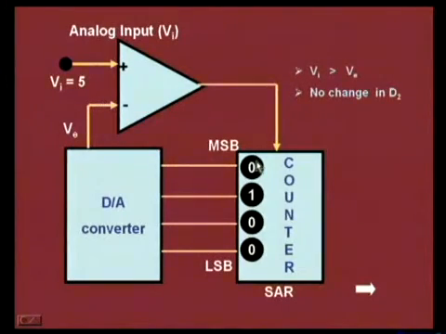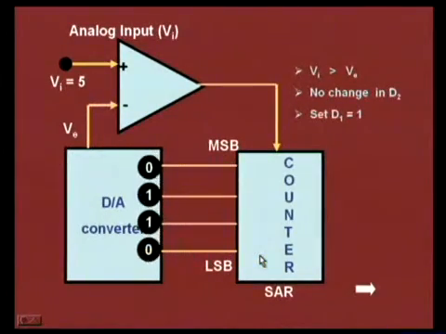So, keep 1 as it is and set the value of D1. So, 1 and 1, this is the digital value. Send it to the digital to analog converter, find the equivalent value. It is now equal to 6 volts.